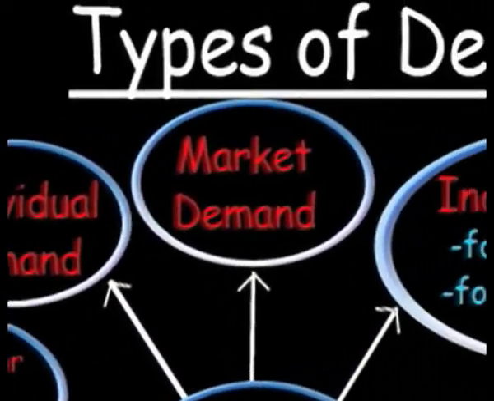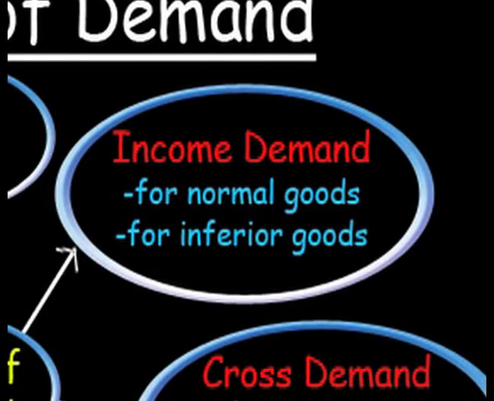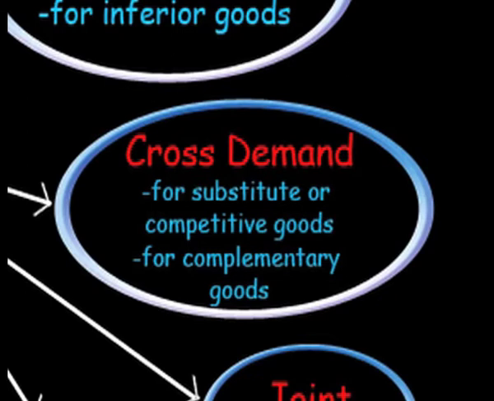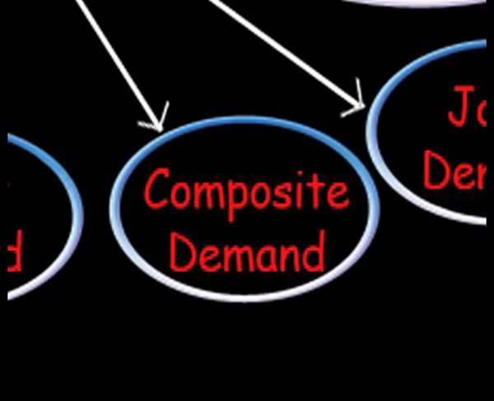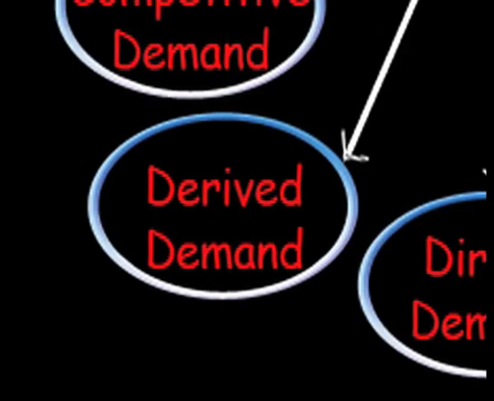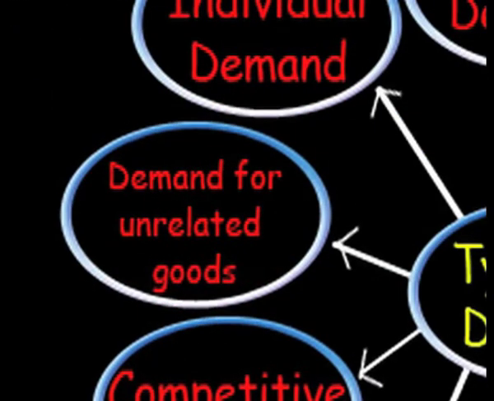These were the various types of demands: individual demand, market demand, income demand for normal goods and income demand for inferior goods, cross demand for substitute or competitive goods, cross demand for complementary goods, joint demand, composite demand, direct demand, derived demand, competitive demand and demand for unrelated goods. So now we know the demand concept, demand schedule and various types of demands.